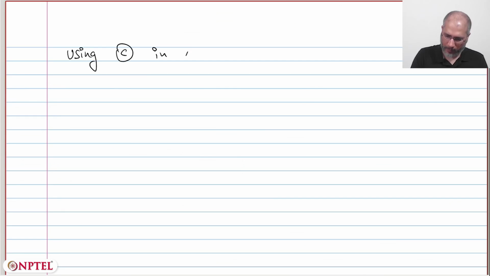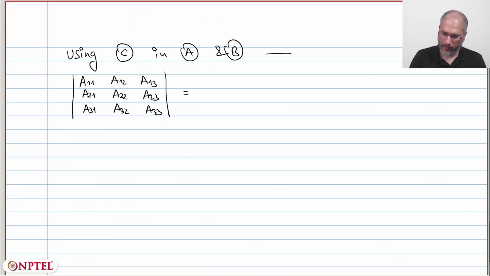So if we use C in A and B, the right hand side of A becomes this, and the right hand side of B becomes this, where we had ui, that becomes an a1i. So you replace i with 1, you get a11, i with 2, you get a12, and i with 3, you get a13.